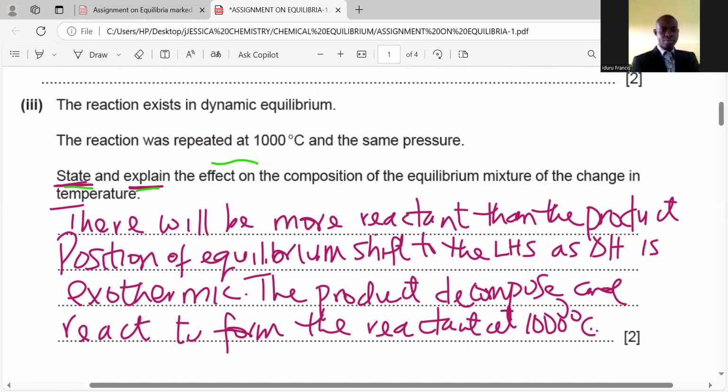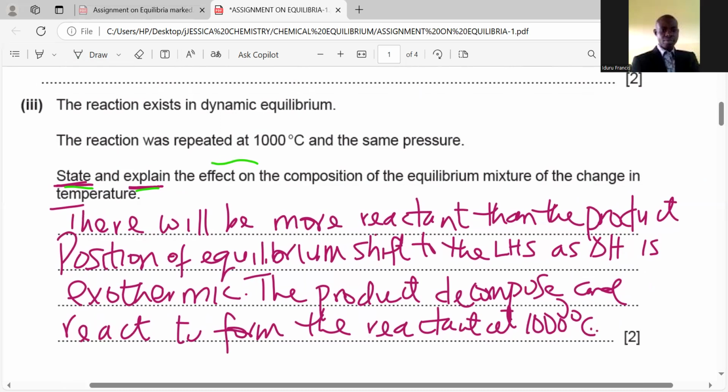So at 1000 degrees Celsius, you discover that the product decomposes and reacts to form the reactant. So we have to state and explain.